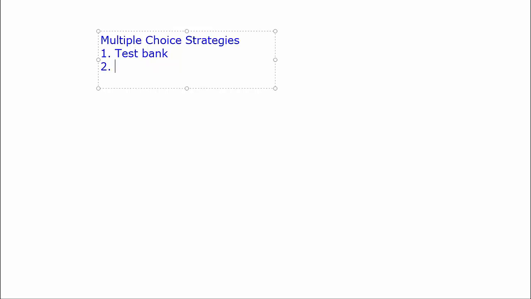Anybody else have any other contributions? I modify test bank questions when I'm making an exam, simply because I want to test students on the concepts. If I give them, say, a study guide, test banks are out there and students can access them.